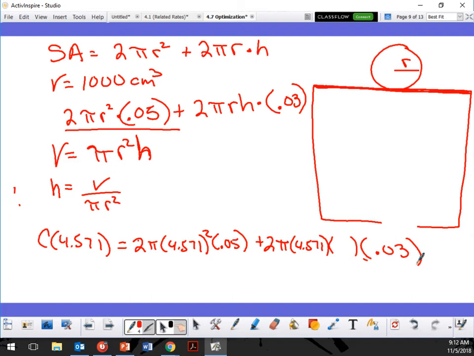So I have h is equal to this. Since h is here, I know h is equal to 1,000, because that was my V, divided by pi times 4.571 squared, which is 15.234.